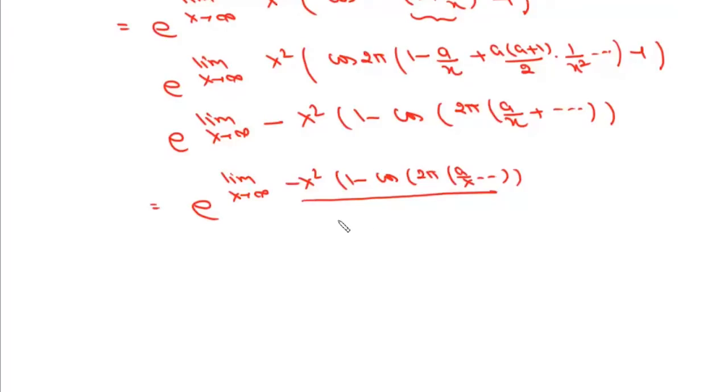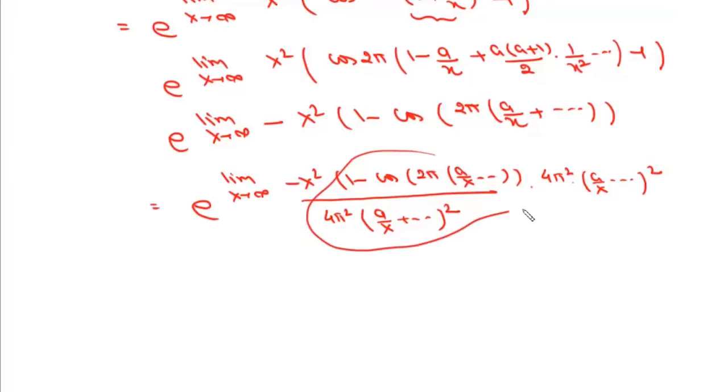Now we'll multiply and divide everything with 4 pi square, and then a upon x whole square. Now we have to multiply it also. Then it will be this 4 pi square a upon x whole square. Now this becomes a standard limit, which is 1 by 2.